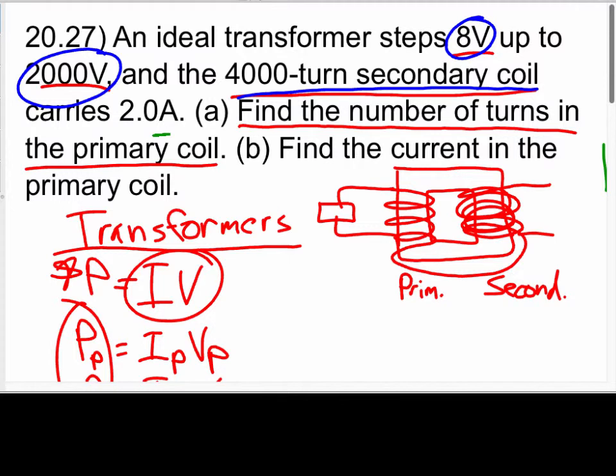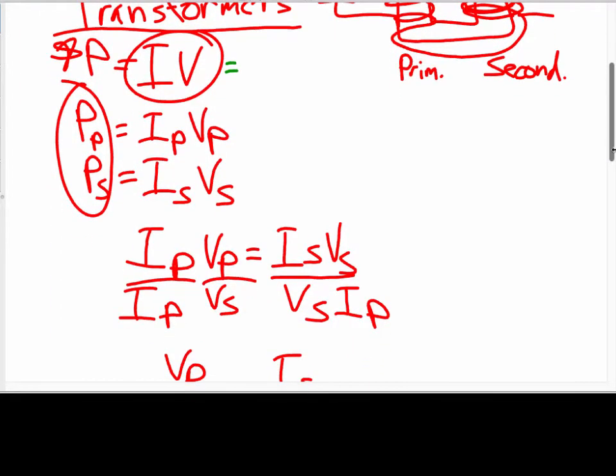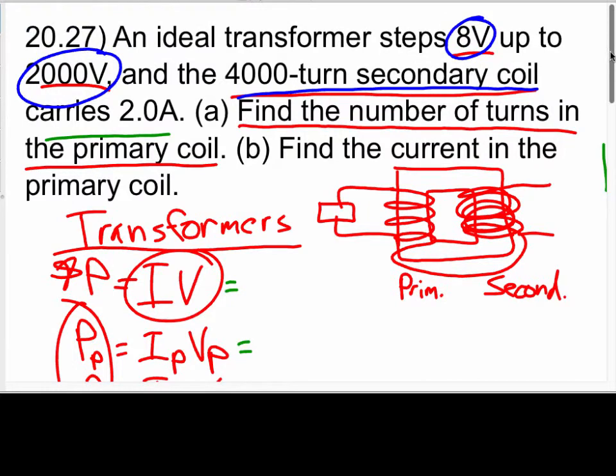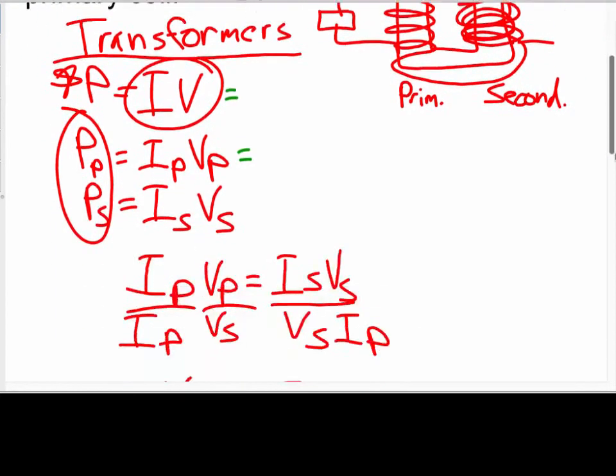If you guys are confused, what I'm saying is the power should always be the voltage times the current. The power of the primary should equal the current of the primary times its voltage. I have to read the question to see whether that's the current of the primary or secondary. It's the secondary coil.